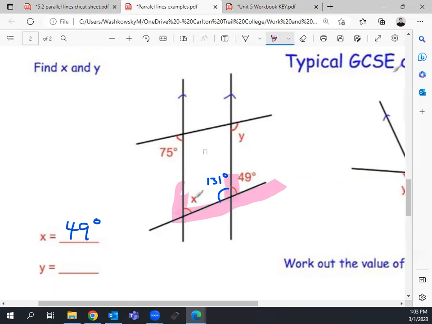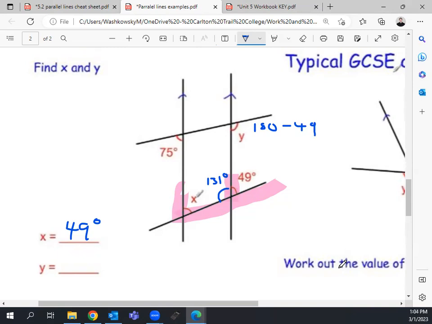What about for question Y? You're thinking Y is 131. Okay, so how'd you get that? 180 subtract 49. So you did 180 subtract 49.